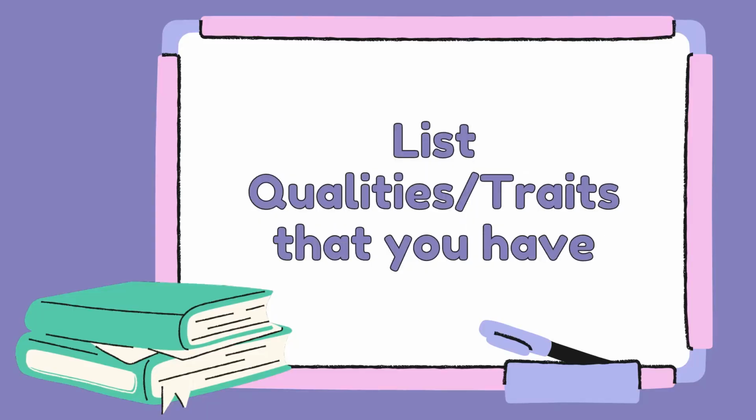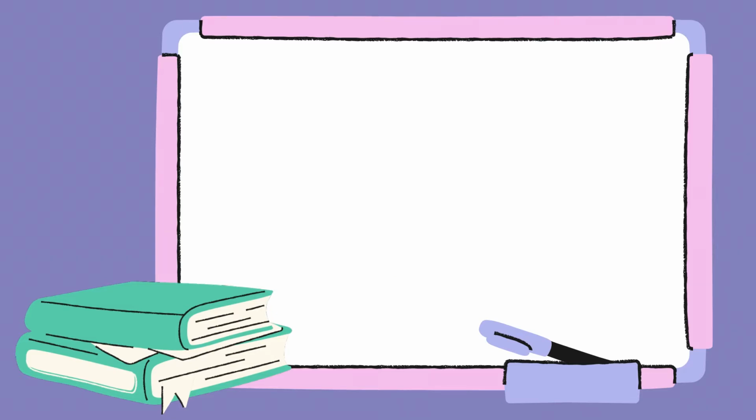The next category goes one step deeper than that first category, and in this category you want to think about and write down some qualities and traits that you have. When you're thinking of qualities and traits, you want to dig deeper. You don't want to list the most common traits, because a lot of people are probably writing college application essays about those topics.